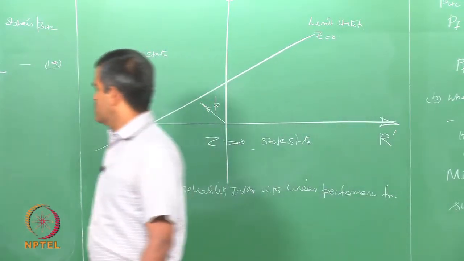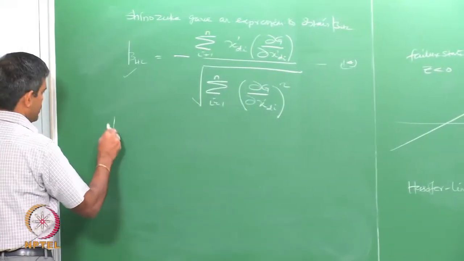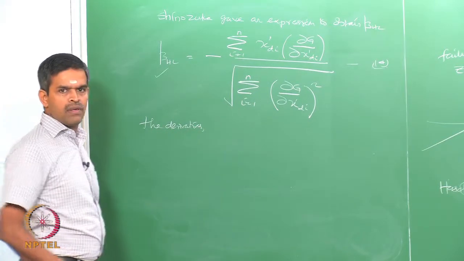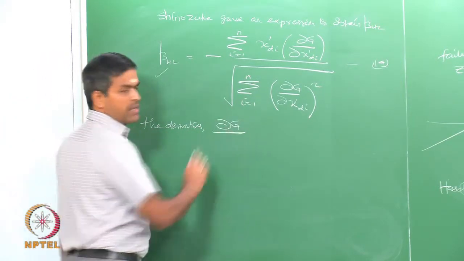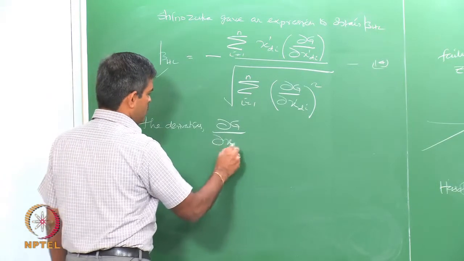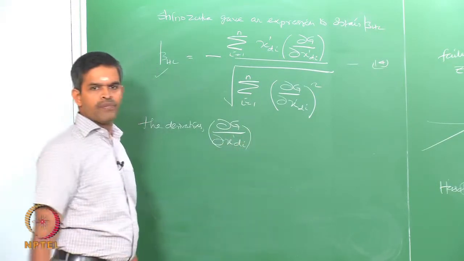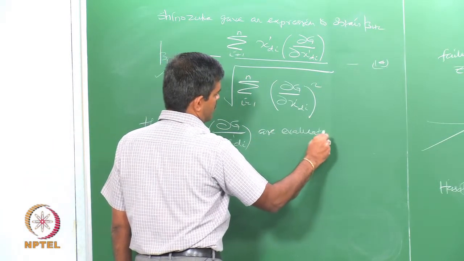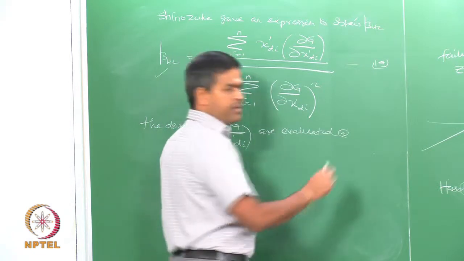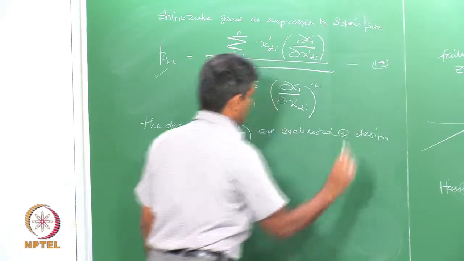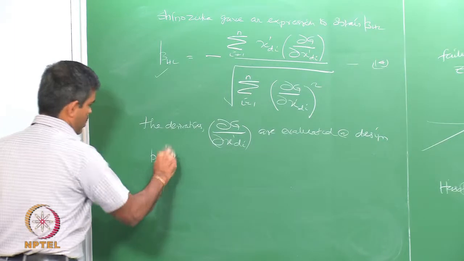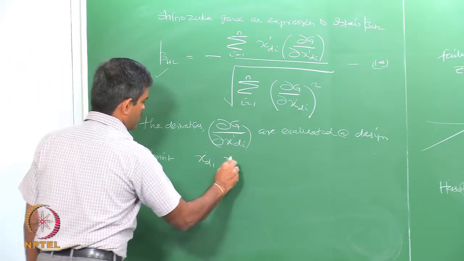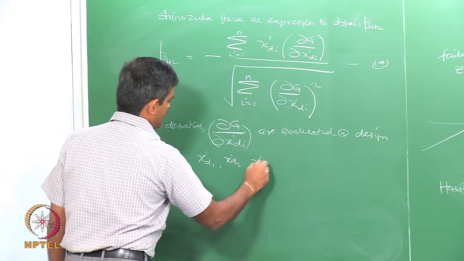Now, in this case, the derivatives, that is the derivative of the g function with respect to x dash di, are evaluated at the design point, which are x dash d1, x dash d2, x dash d3.